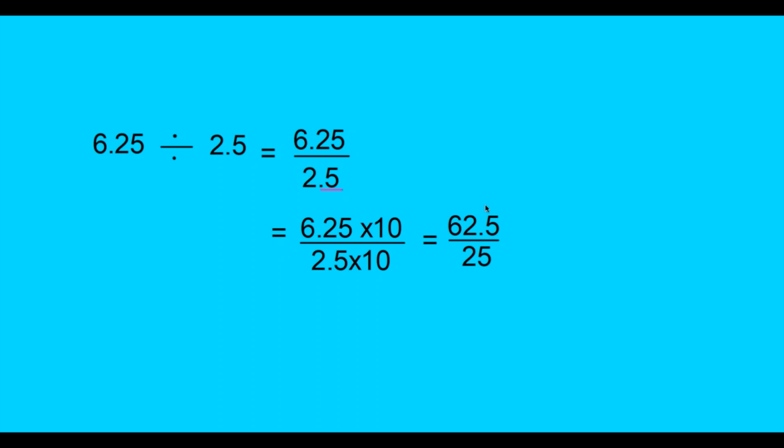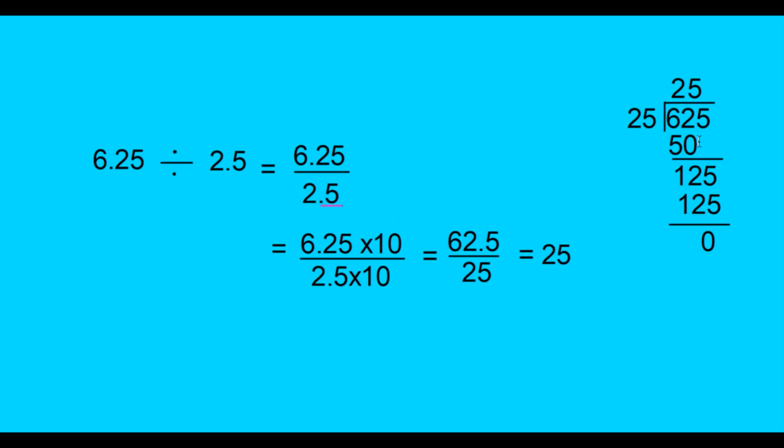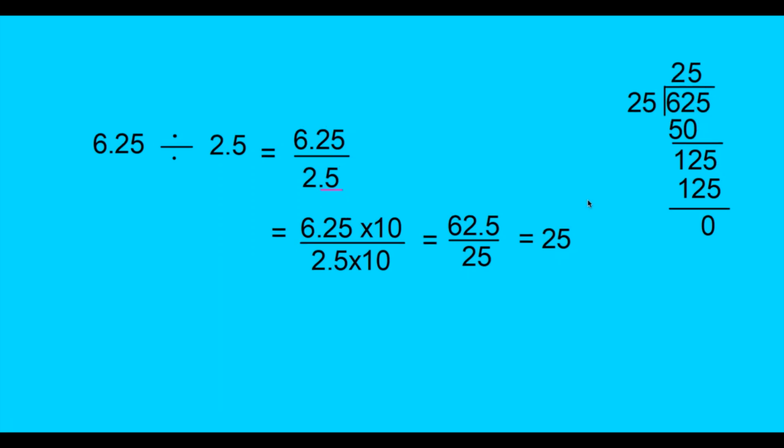Now you divide 625 by 25. Here you get 625 divided by 25 is equal to 25. Now you can see after the decimal only one digit is there, so you have to take one digit from the last and put a point here.